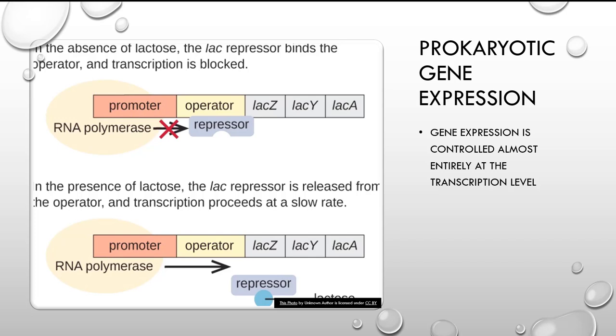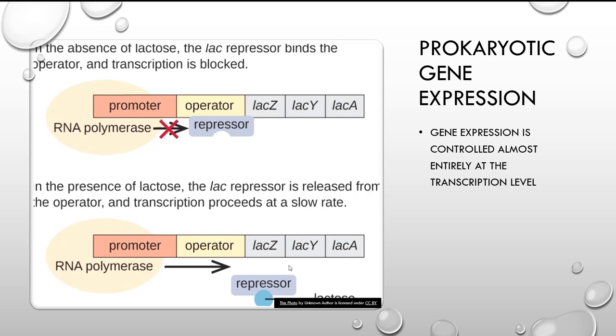All right. So you can see here that when the lactose is present, the gene is turned on and expressed, so the lactose is going to be digested.